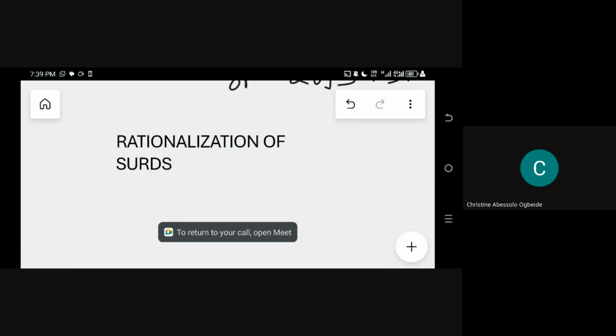So the condition for rationalizing a surd is when the surd happens to be at the denominator, just like Christine said. When you have a fraction and you're having a surd at the denominator, then you would have to rationalize that surd. Rationalizing means you are attempting to remove the square root from the denominator.